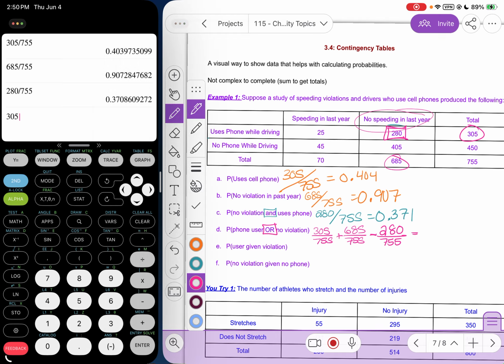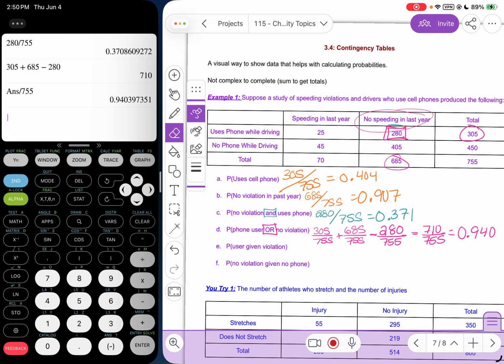So 305 plus 685 minus 280 gives us 710 out of 755. And then when I do that division, I get 0.940. So those are our basics in here with our table.